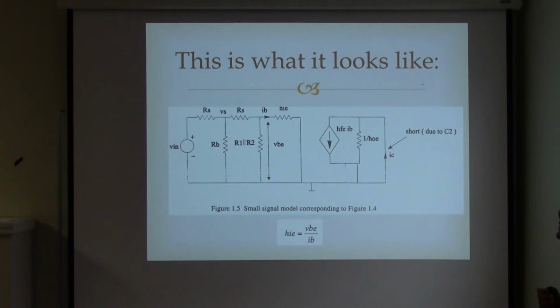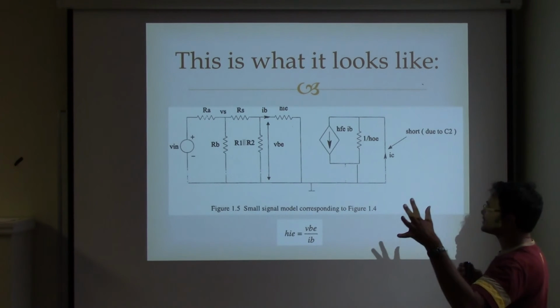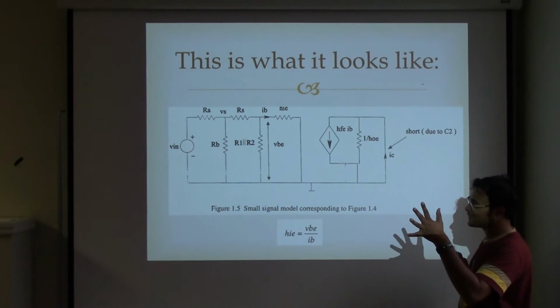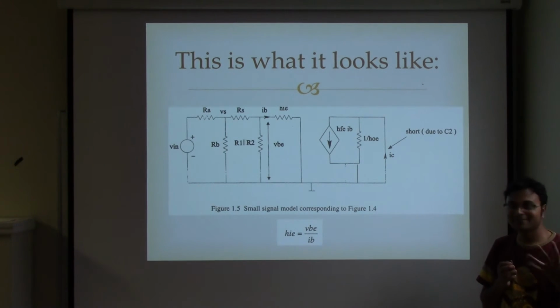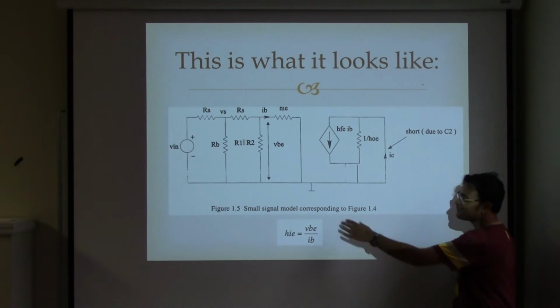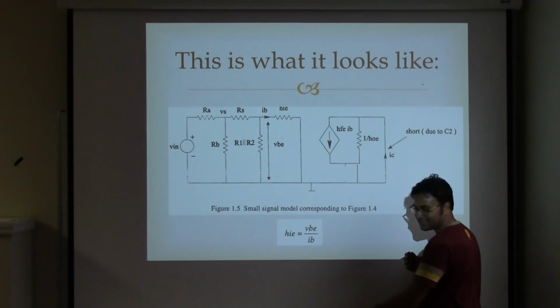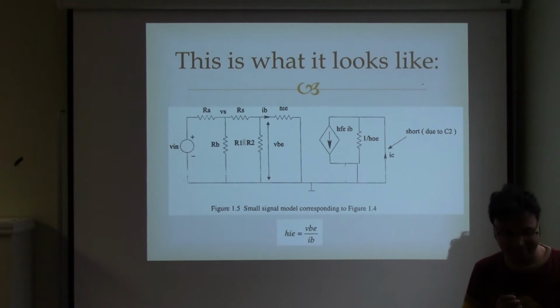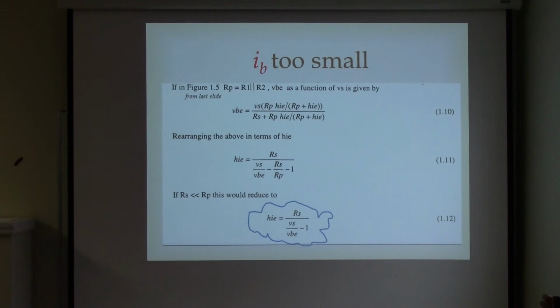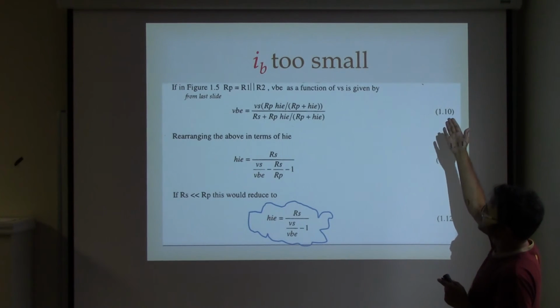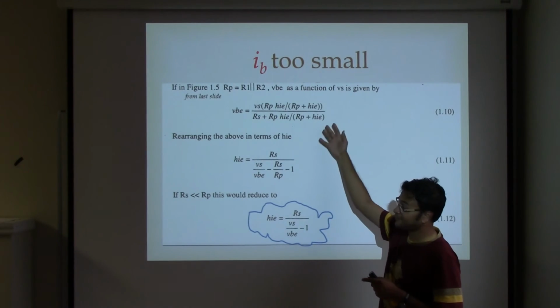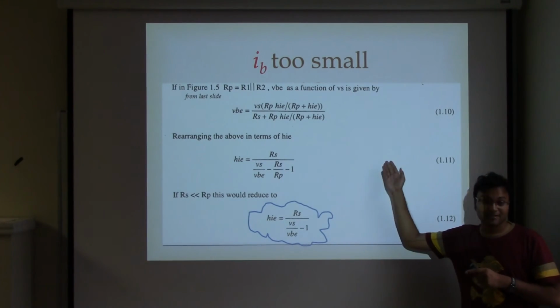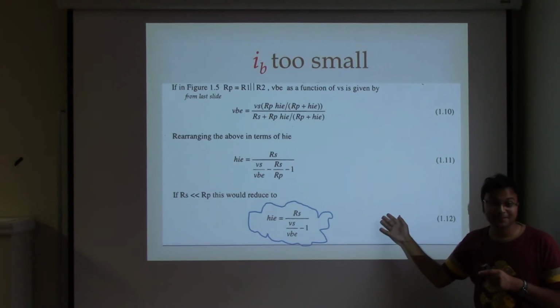All right. So I should just take a break and say what we are looking at. You have a transistor, build different circuits, short different parts, make different measurements, and just divide and say, okay, this is my HIE, this is my HFE, this is my HOE, this is HRE. Now, in most cases the IB is too small, so from the last slide we can run through a lot of equations, and the equations are so big that they don't put them here.